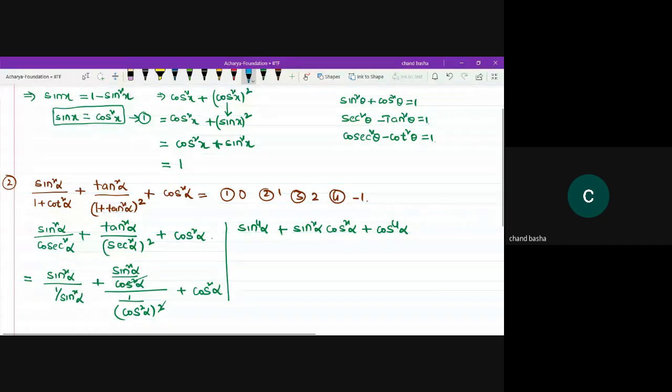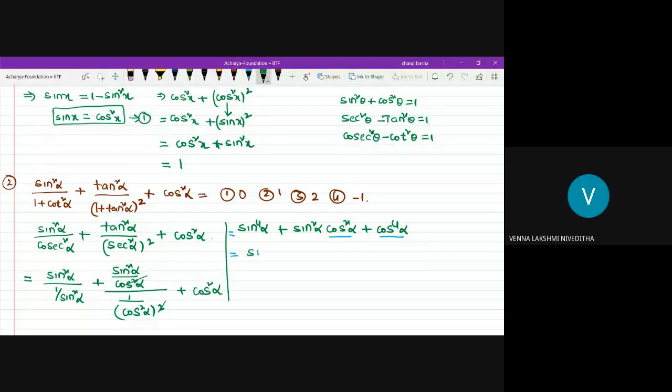From the last two terms, cos square alpha can be taken as common.